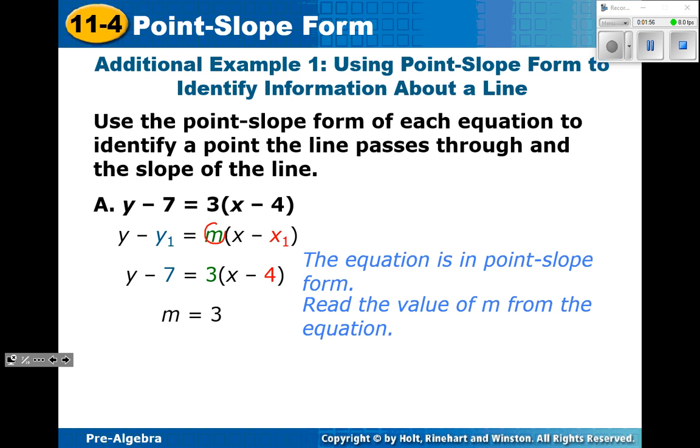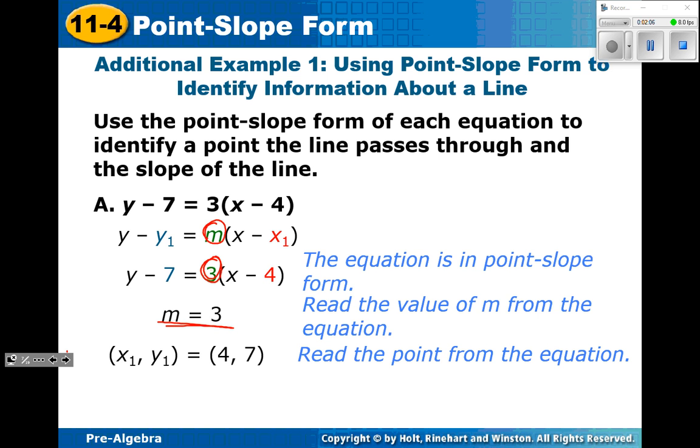The slope is found right here, so the slope is 3. And then y sub 1 is found right here, and x sub 1 is found right there.